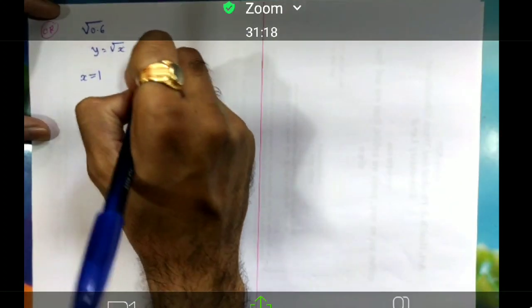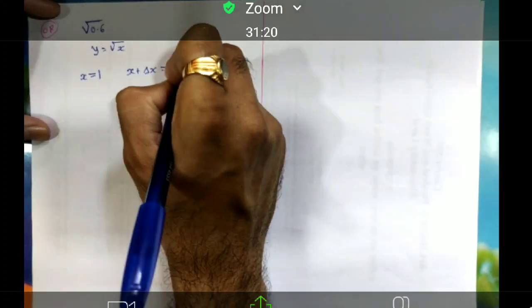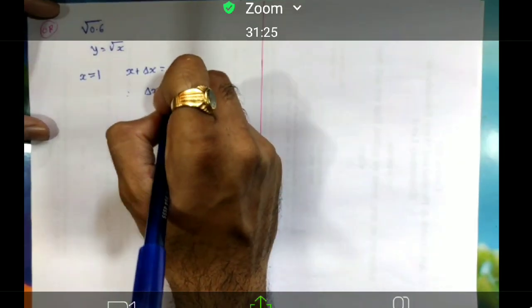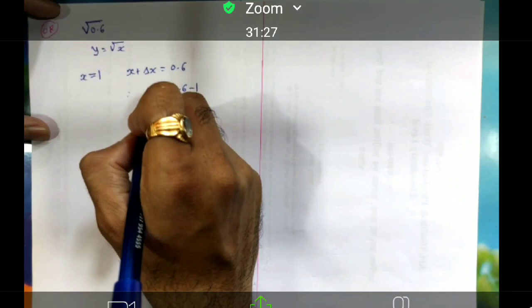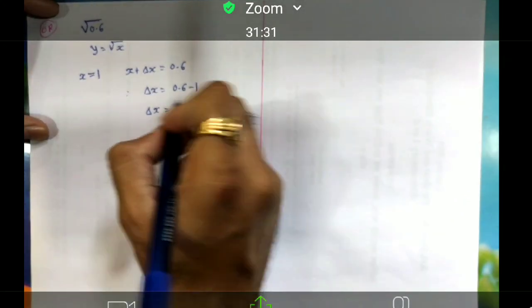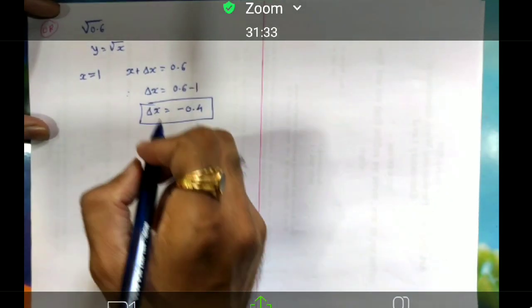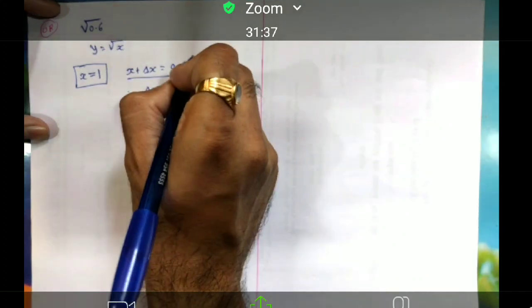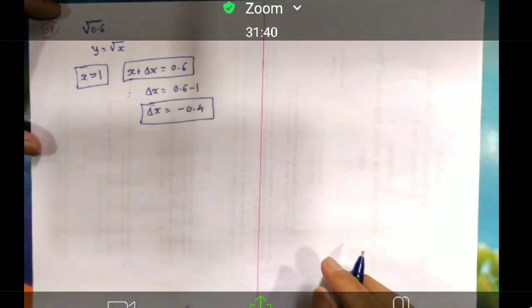So x plus delta x will be equal to 0.6, and therefore our delta x is 0.6 minus 1. So again delta x is minus 0.4, x equal to 1, and x plus delta x is 0.6.